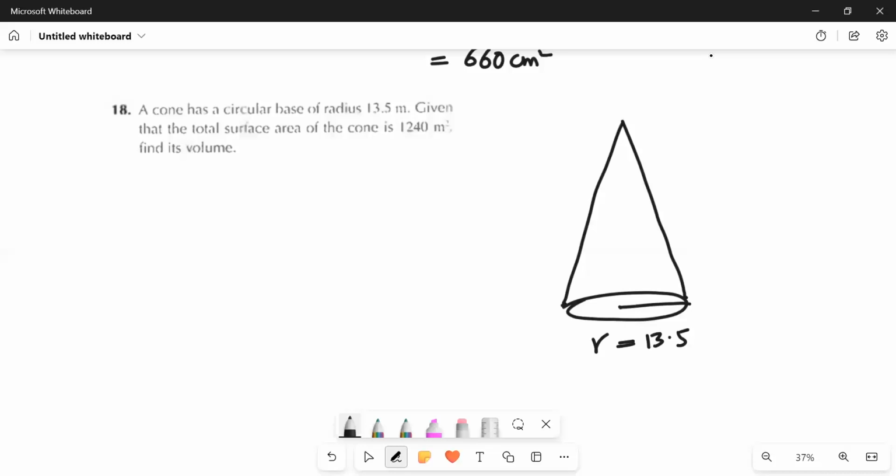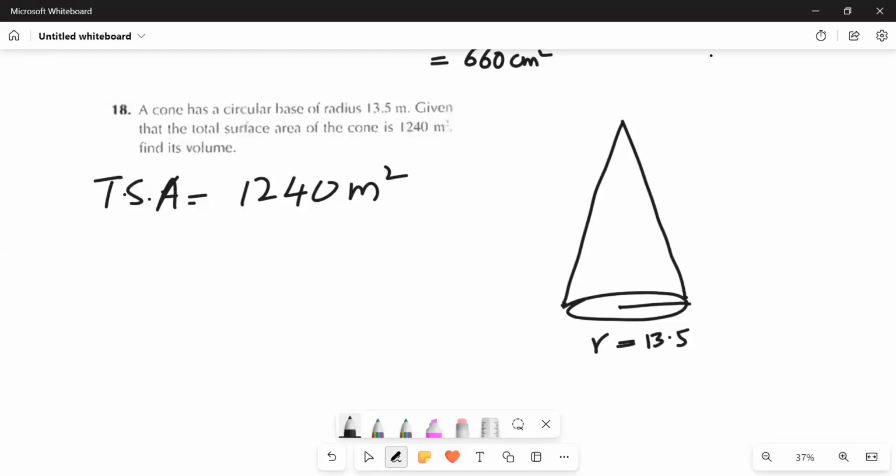R is given. Now the total surface area of the cone is given, that is 1240 meter square.